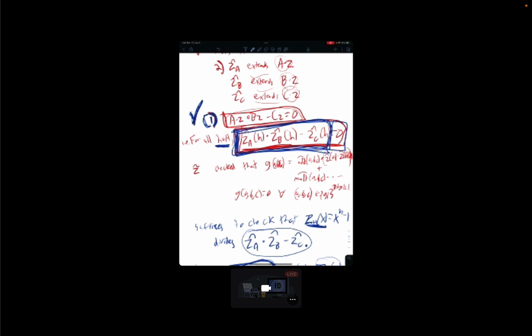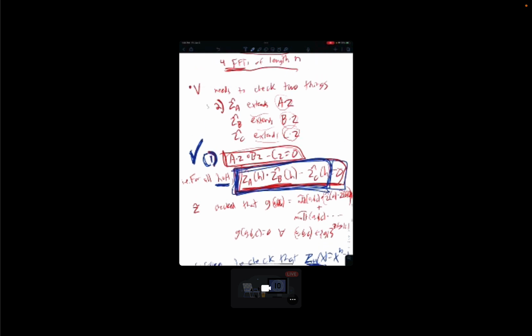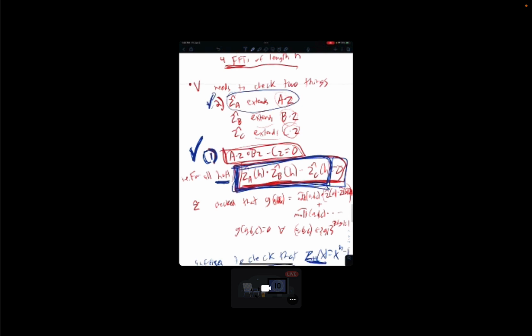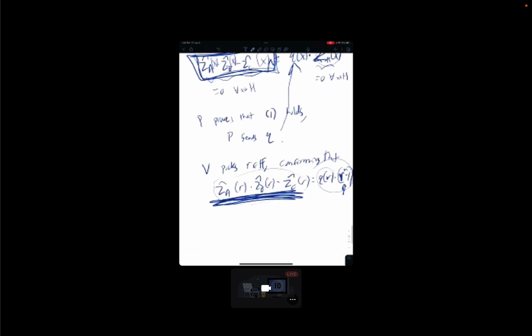Okay, so what's left is to check number 2 here. That ZA hat indeed extends A times Z, ZB hat indeed extends B times Z, and ZC hat indeed extends C times Z. So I'm just going to explain it for A because it's completely the same procedure for B and C. So let's talk about that.